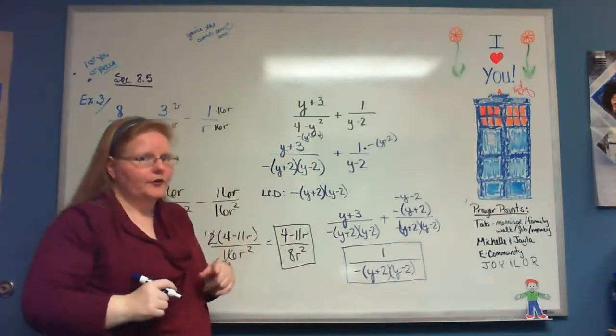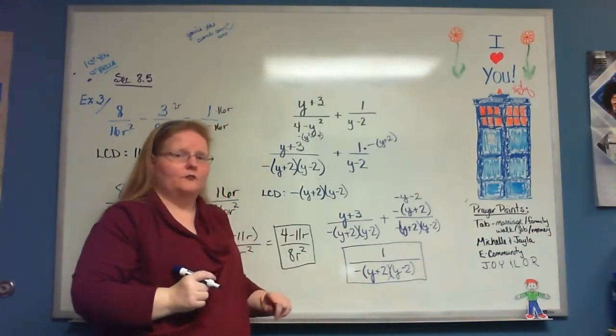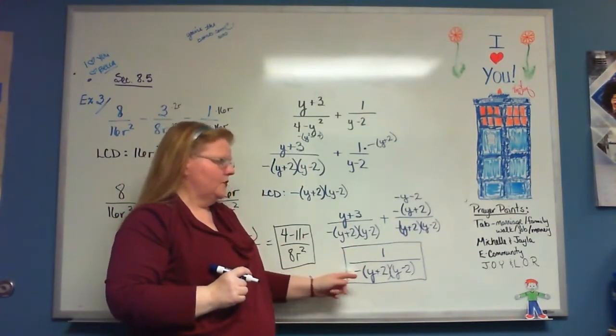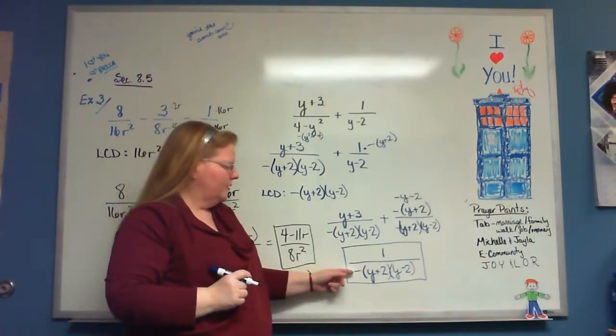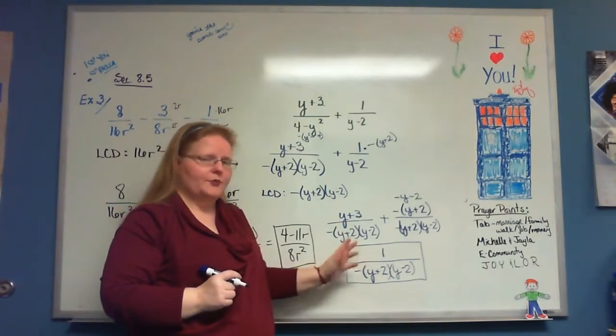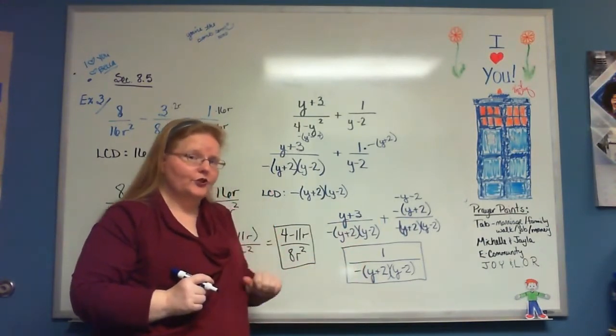Now, your book is probably going to have the negative out front instead of on the bottom. That's okay. It could have the negative on top instead of on the bottom. It doesn't matter whether this negative sign is on the bottom, out front, or on top. It's all the same thing. As long as they don't have two negative signs there, you're good.